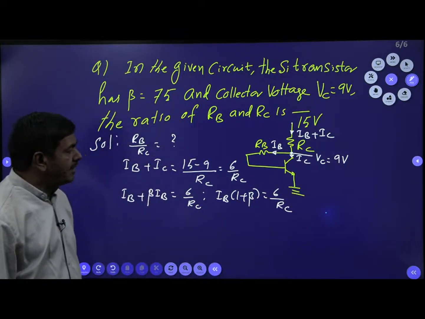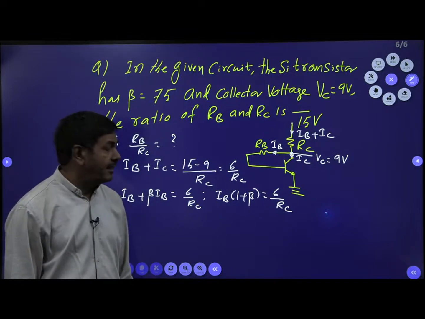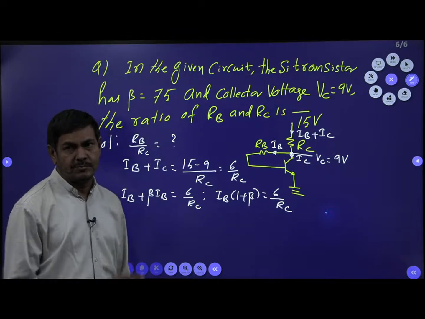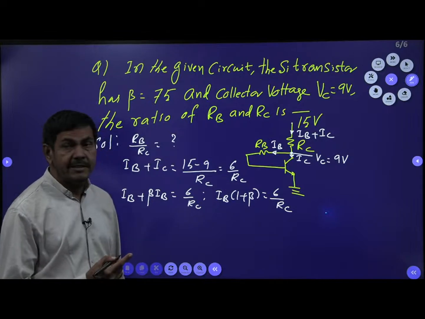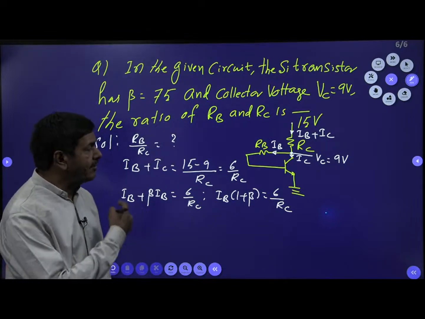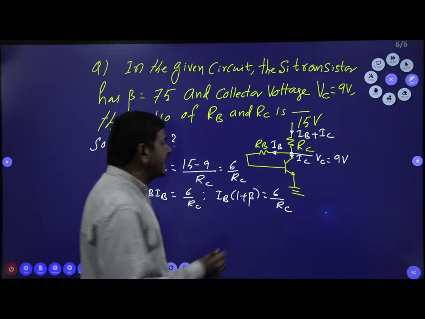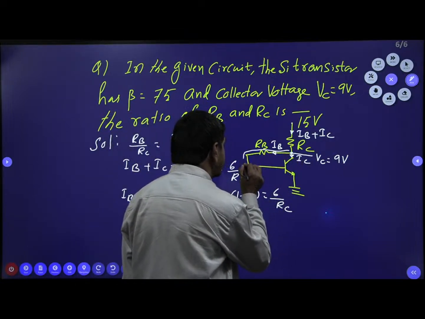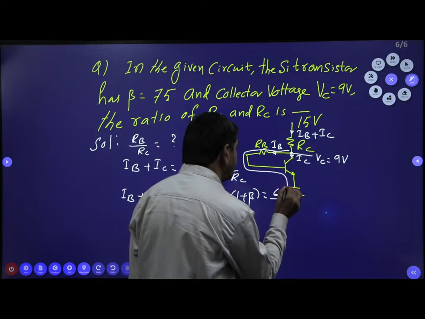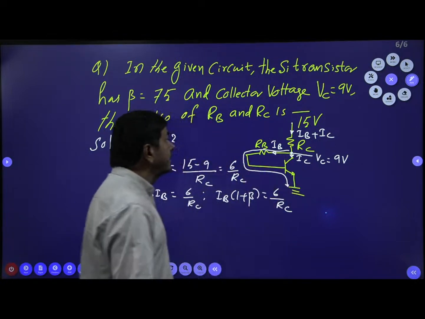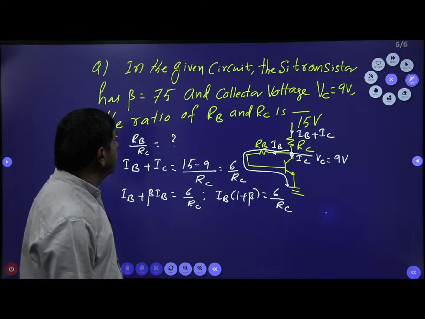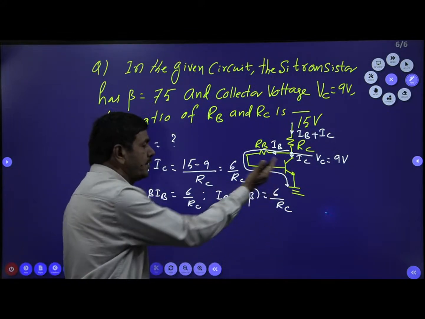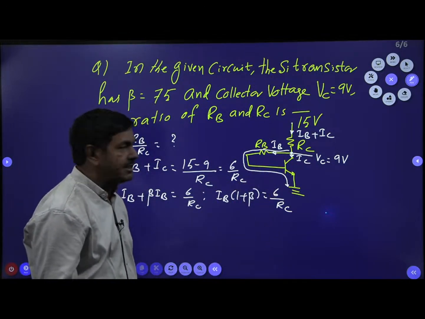We know very well what beta is. I want to find IB now. After getting IB, I can get the ratio required in the problem. The base current I can get if I apply KVL in this direction. In the problem, the base to emitter voltage is not given. We must take it as 0.7, no doubt.